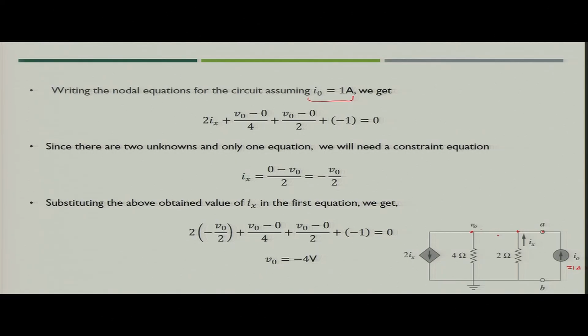So, at this node if you apply the Kirchhoff current law, first thing is that at this particular node current going outside is 2 I x, another current going outside is V naught by 4, another current going outside of this node is V naught by 2, and then the current going inside is the current I naught, right, because the direction of current I naught is in this direction.